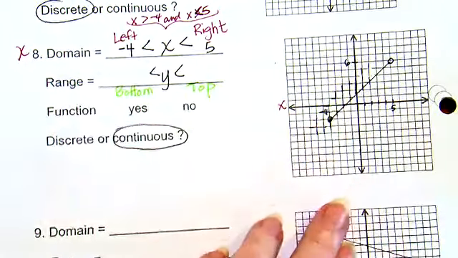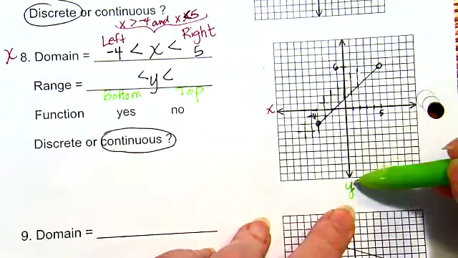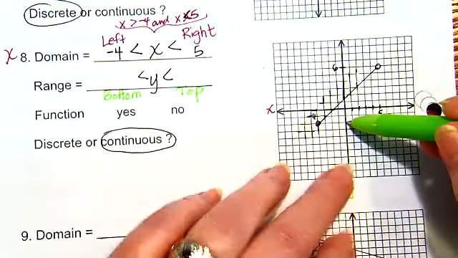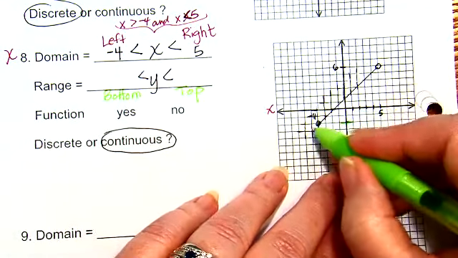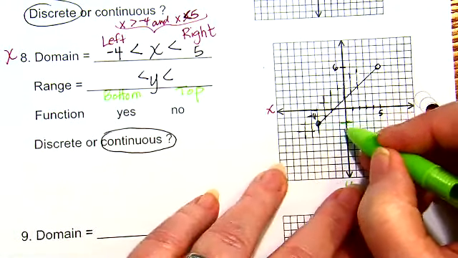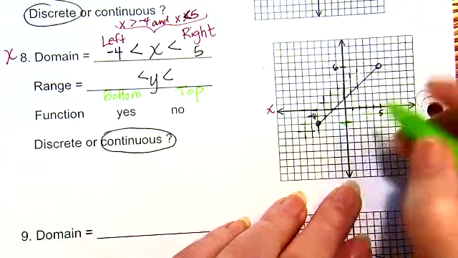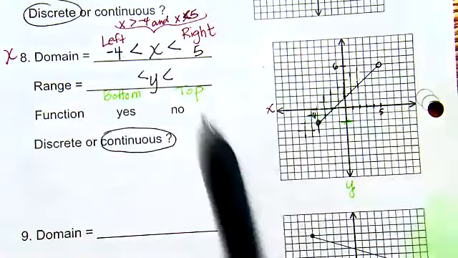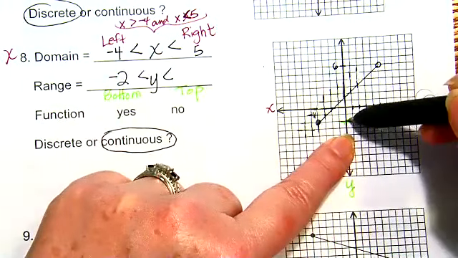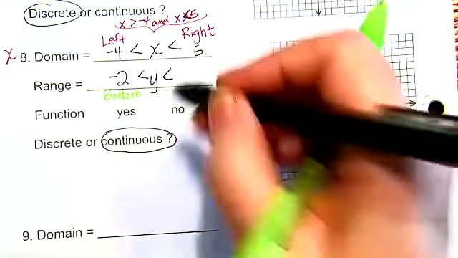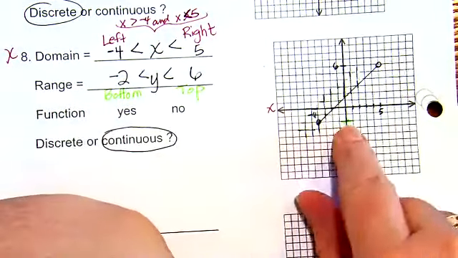So the Y-axis runs up and down. From the bottom, this is the lowest it gets to right here. So I look across there, but I'm using this number line to tell me to mark the numbers. So that starts at -2 at the bottom, and then it goes all the way up to the 6. So from here to here.